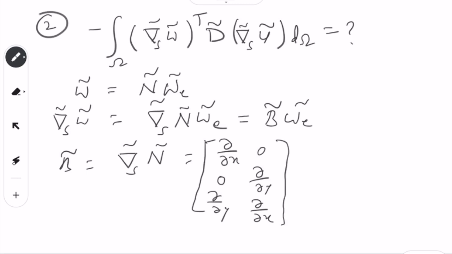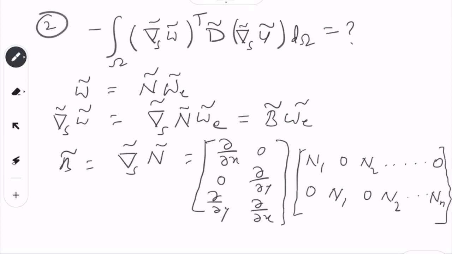And then it will be this multiplied by the N matrix, which is nothing but N1, 0, N2, 0 and so on. Here it will be 0, and then N1, 0, N2 and so on, till N here.